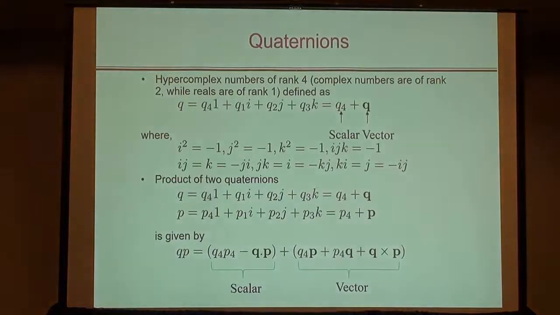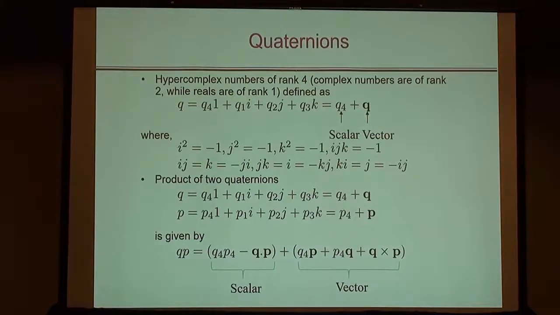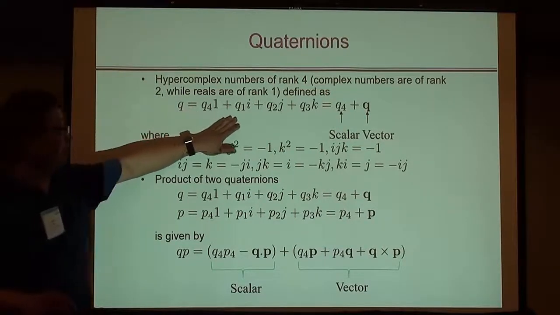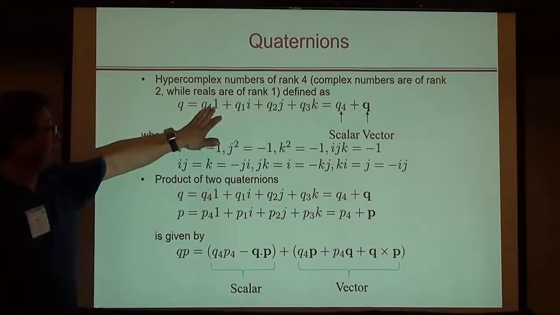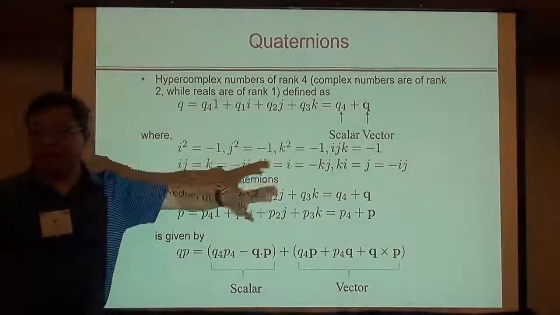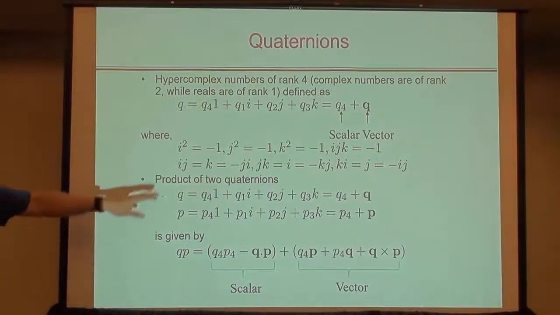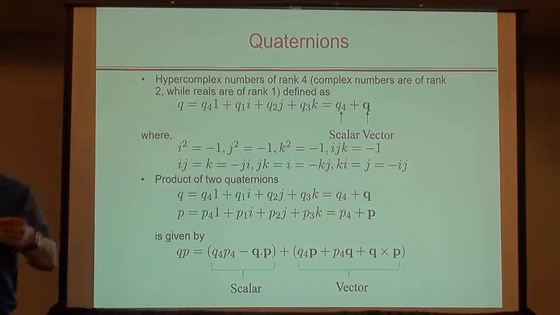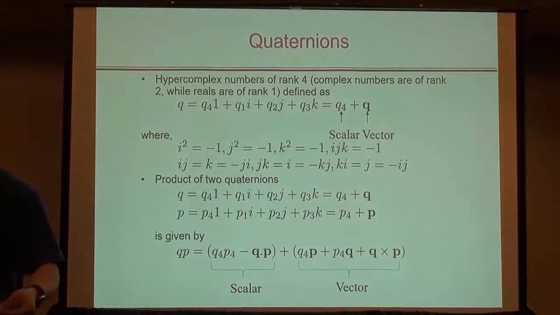Okay, here's the algebra presented in the way of Hamilton. Okay, so basically you have four components, and the first one is real. You have three imaginary units, I, J, K, each one a rotation operator.